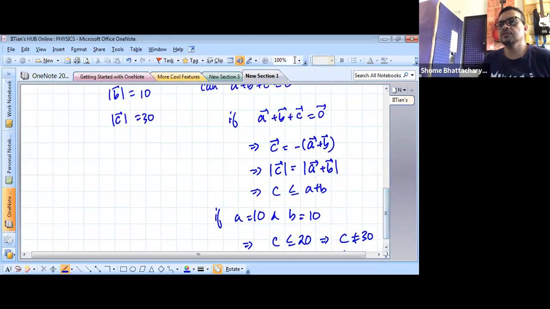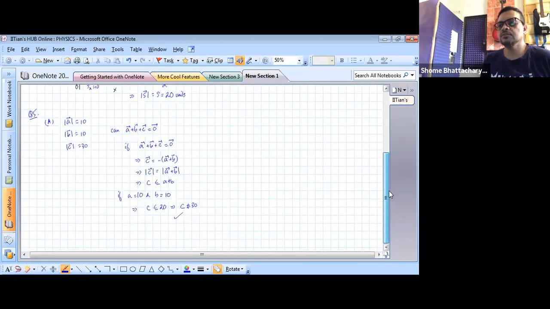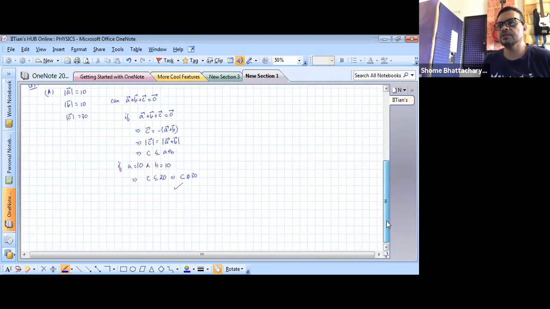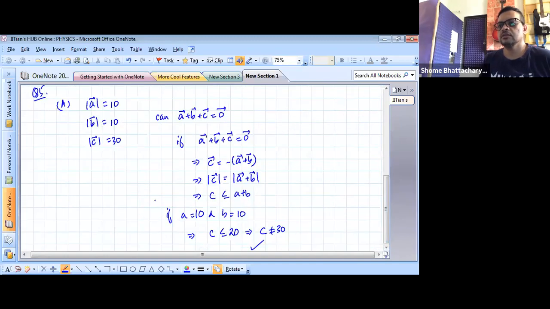Okay. Another way of understanding the same thing is by geometry. The same logic that we've understood algebraically, we can express it geometrically also. You can understand it this way, that if A plus B plus C is 0, that means we draw the vectors A, B and C head to tail. Okay. And they should form a closed triangle.